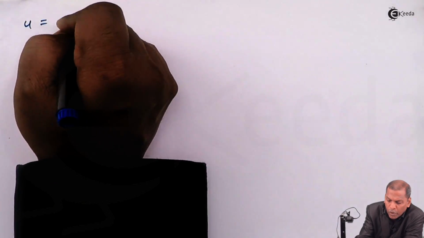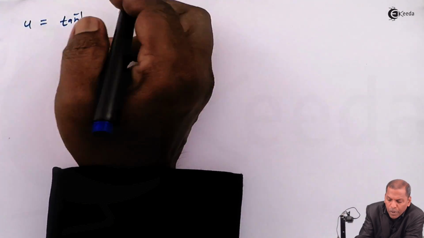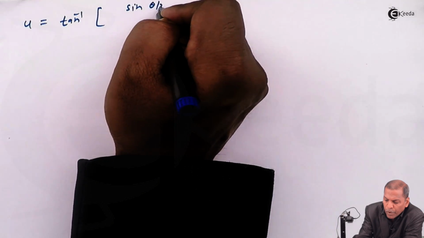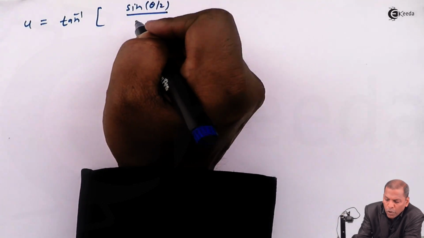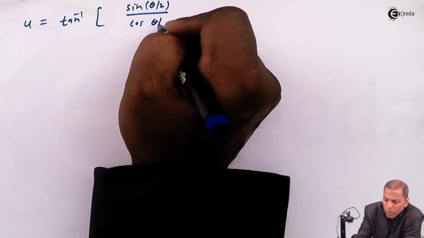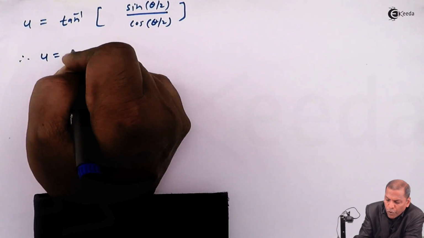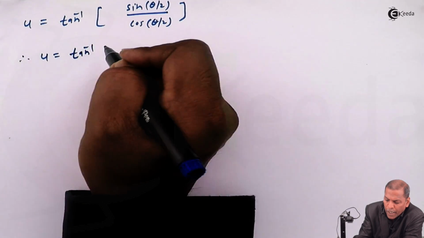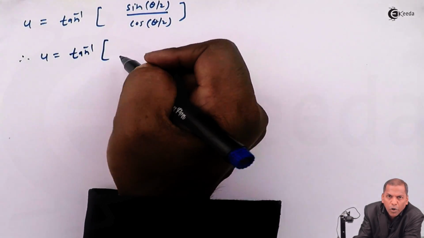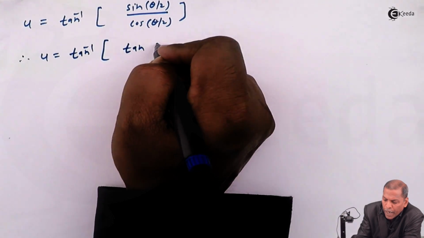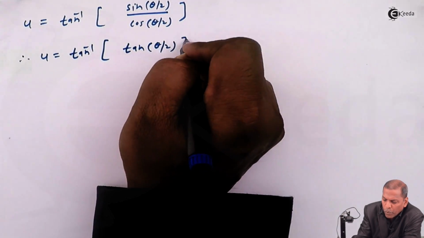u is equal to tan inverse of sine theta by 2 upon cos theta by 2. Therefore, u equal to tan inverse of sine upon cos, we get tan, so here we get tan of theta by 2.